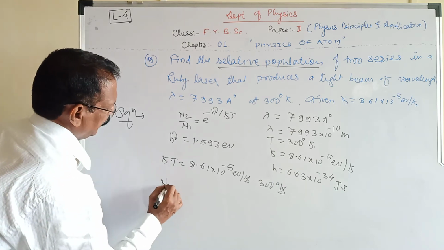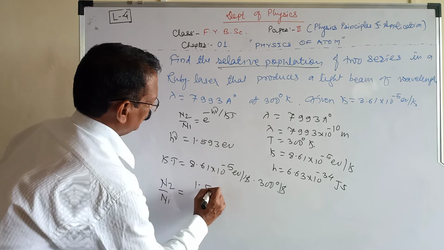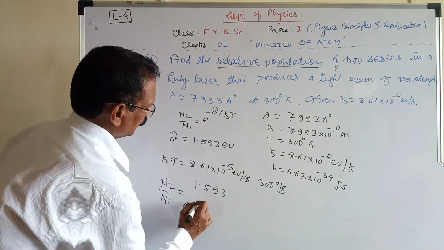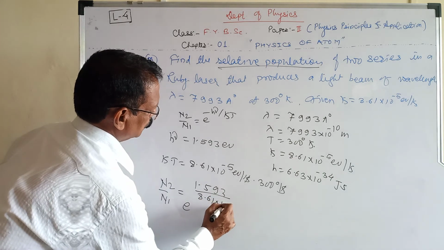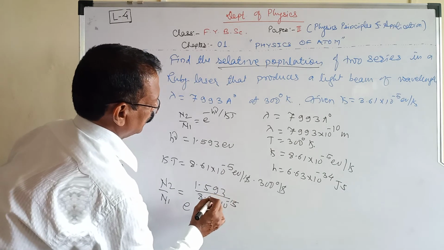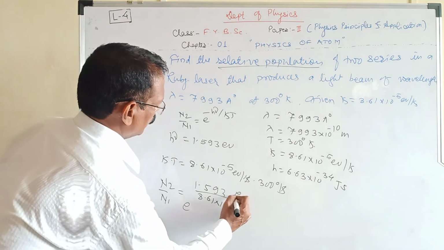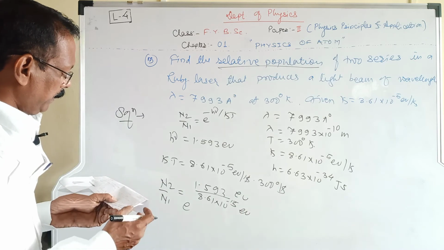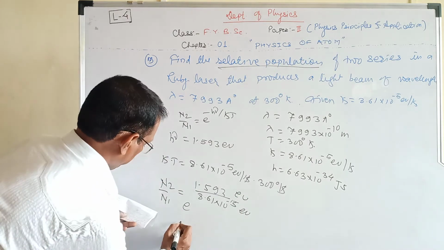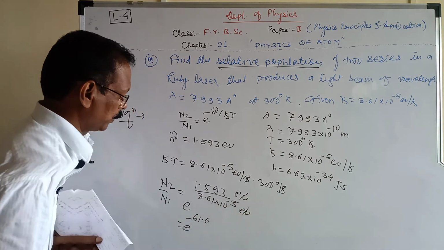So we get N2 upon N1. We can write it as e raised to minus 1.593 upon 8.61 into 10 raised to minus 5 electron volt. So electron volt gets cancelled here.